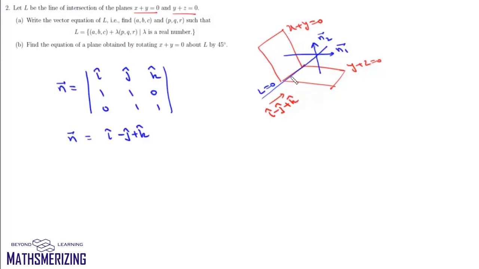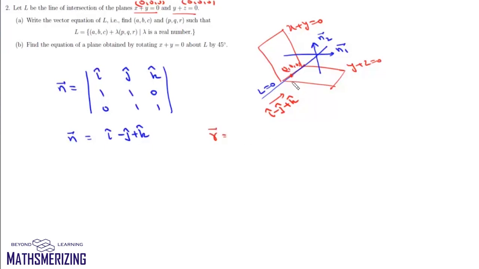Now we need one point on this line. Since both the planes pass through the origin, this line will also pass through the origin. So now we can write this equation as r equals a plus λb.